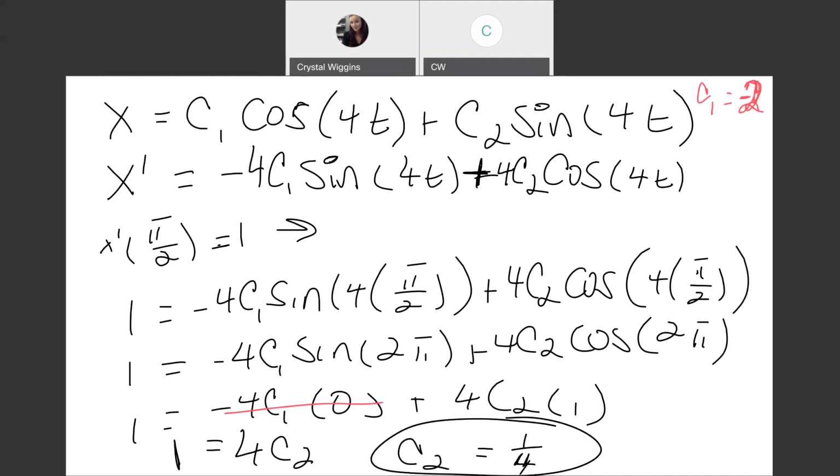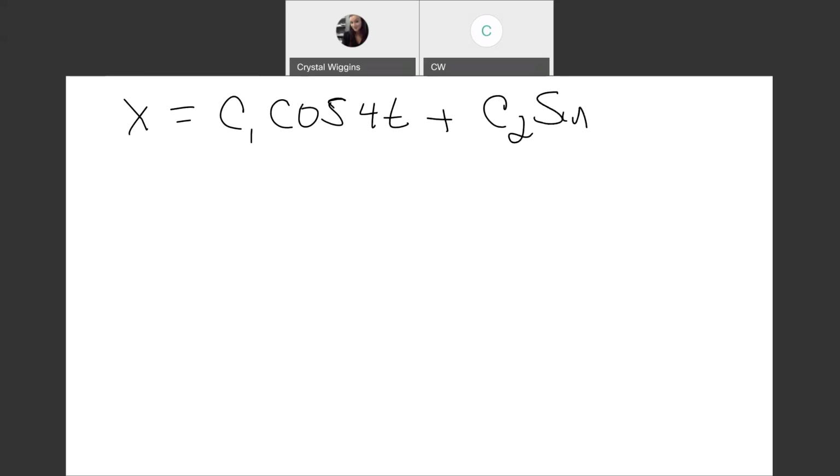So now what we've got to do is put it all together, and we have to enter C1 and C2 into the original solution. So the original solution again was x equals C1 cosine of 4t plus C2 sine of 4t. And now our particular solution is x equals -2 cosine of 4t.